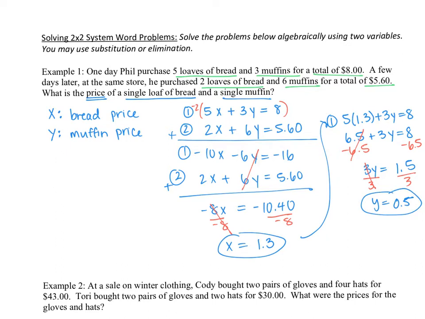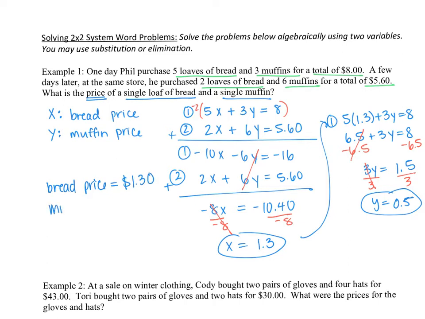Now, I'm not sure what these numbers represent yet until I look at what I declared my variables as. So my x here is the price of bread. So what I now know is that the bread price is equal to 1.3, or $1.30.